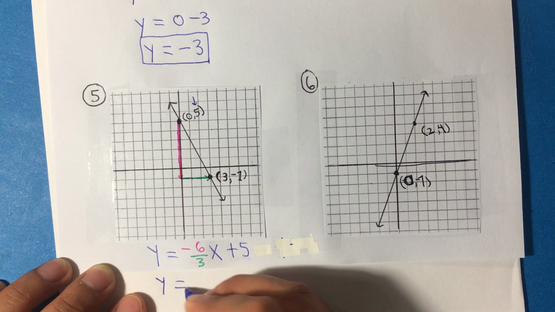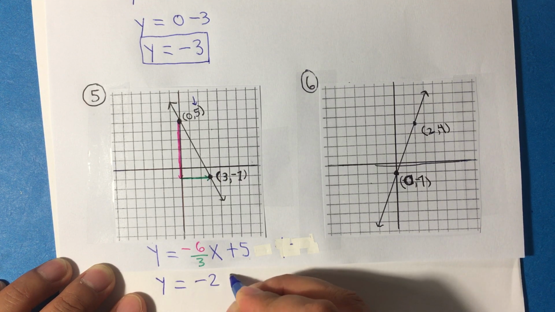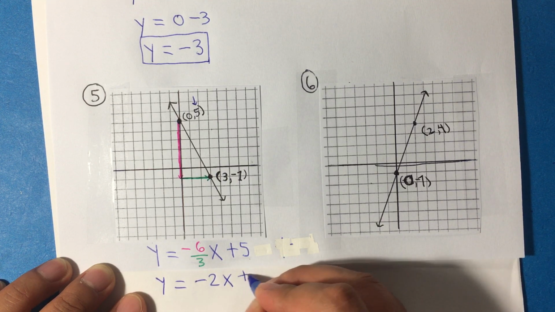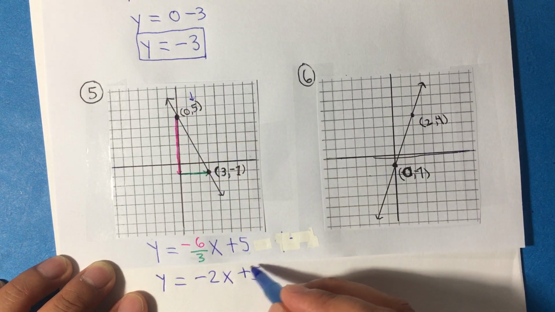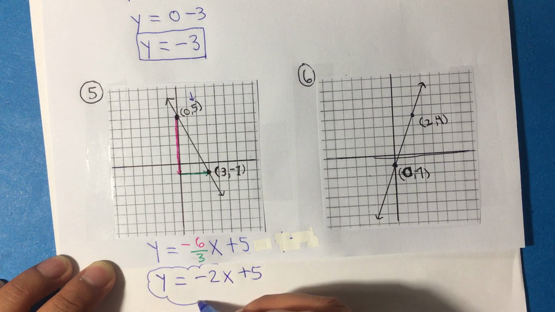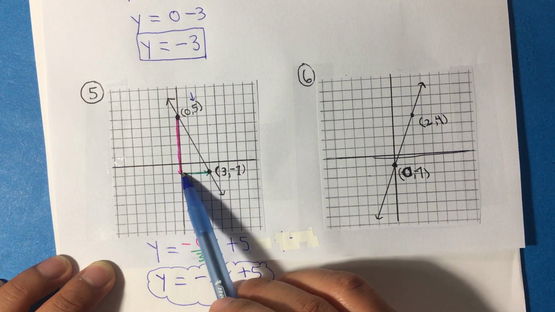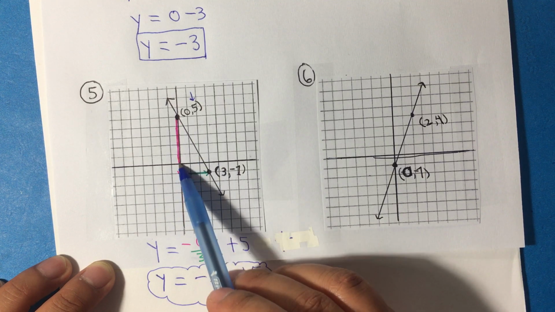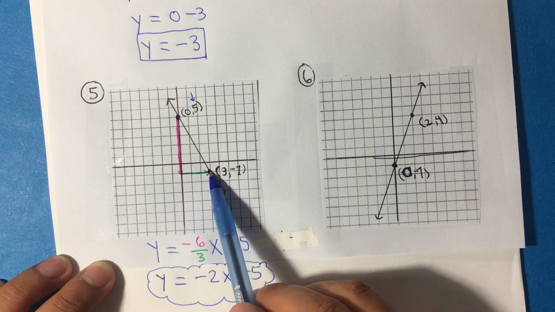So it's y equals -6 divided by 3 is -2 x, and then bring down the +5. So this is my equation for this graph. Okay, we're not given directly the slope, but we can find it by counting how many spaces it takes for us to travel on y and how many spaces on x.